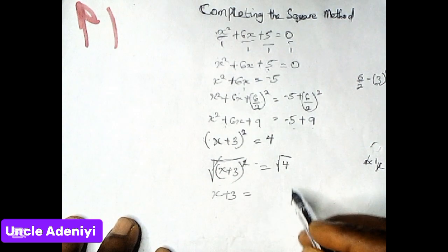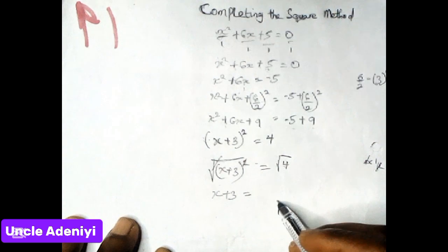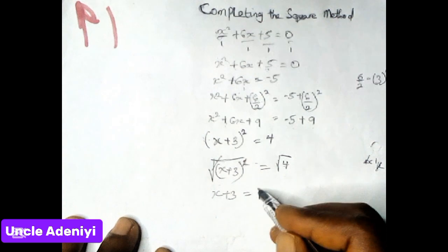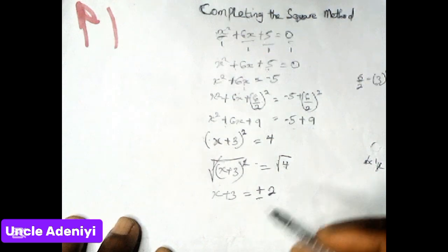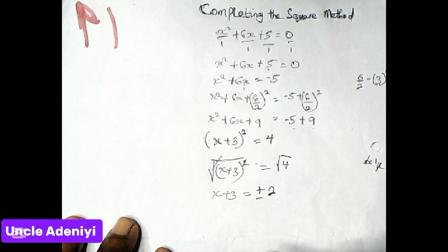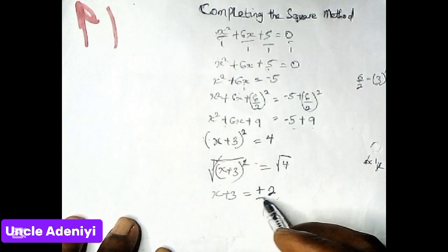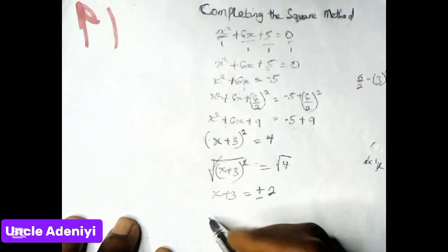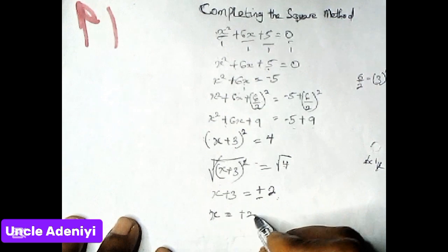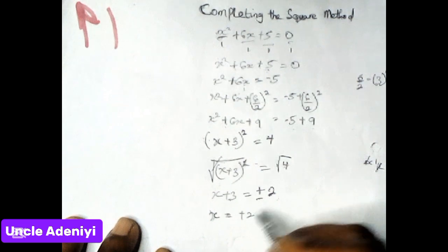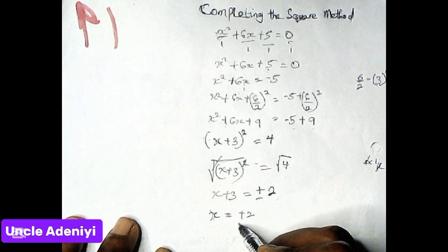Equals, what is the square root of 4? It is not just 2. You add plus or minus 2, like a mathematician. Don't just tell me it is 2. It is plus or minus 2. So it means x plus 3 equals plus or minus 2.